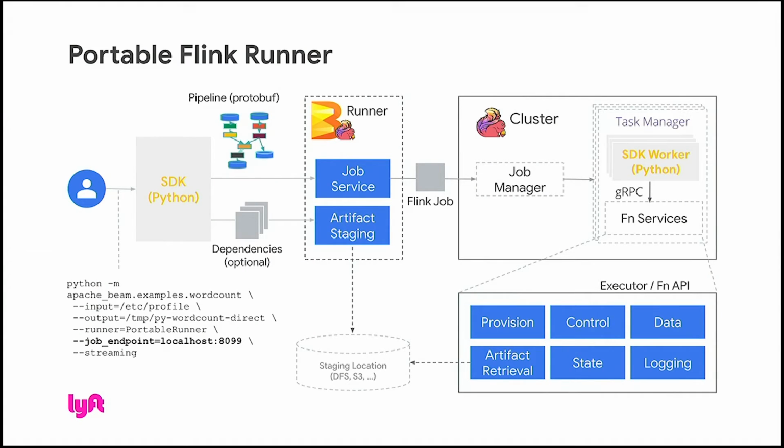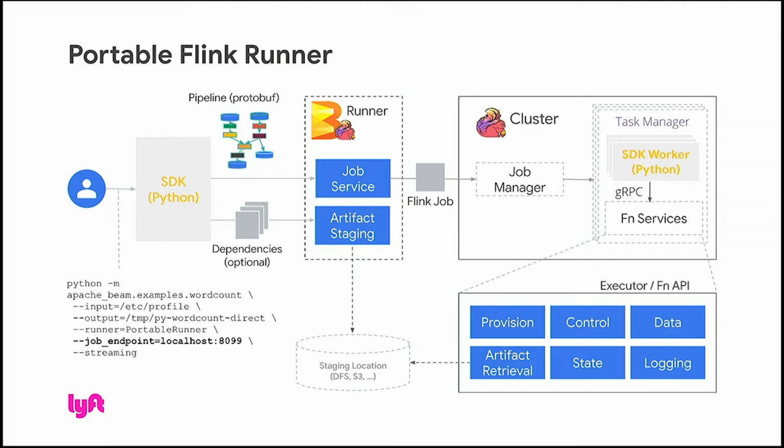So now let's take a look at the Flink runner. As a Python user, you would write your pipeline similar to the example that I showed you, and then you would run your Python program like you would normally do. The interesting part here is a parameter that is a job endpoint, which identifies the address to which to submit the pipeline.